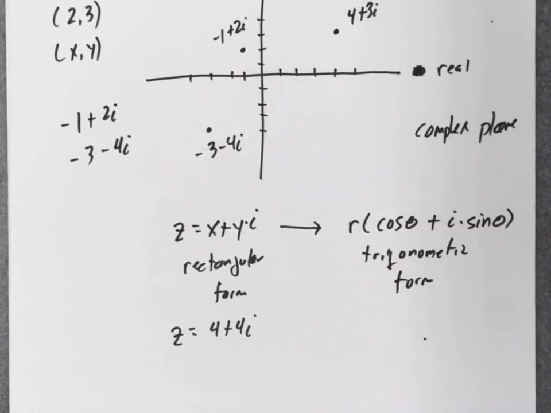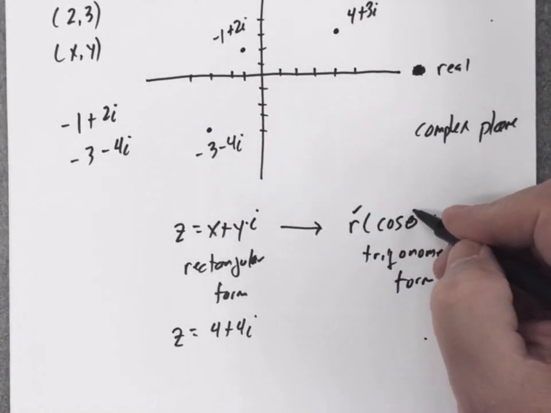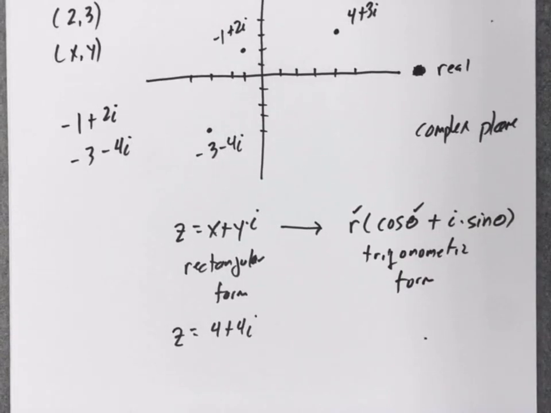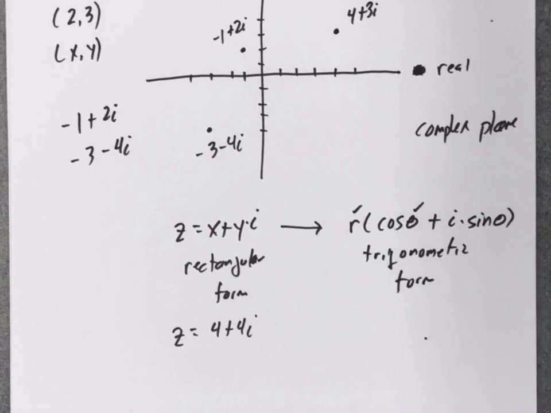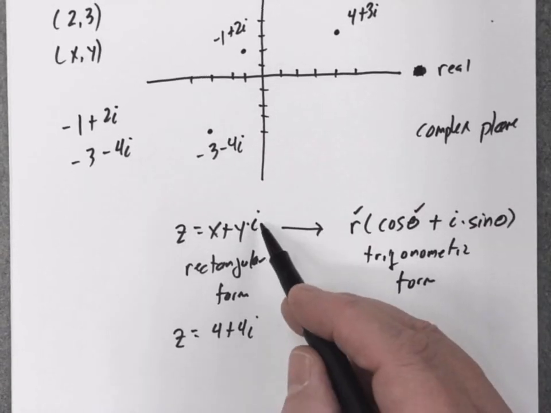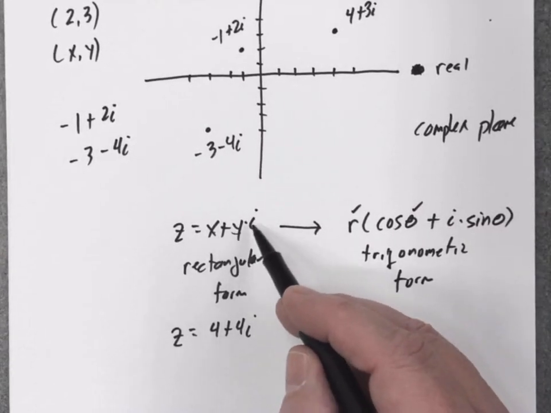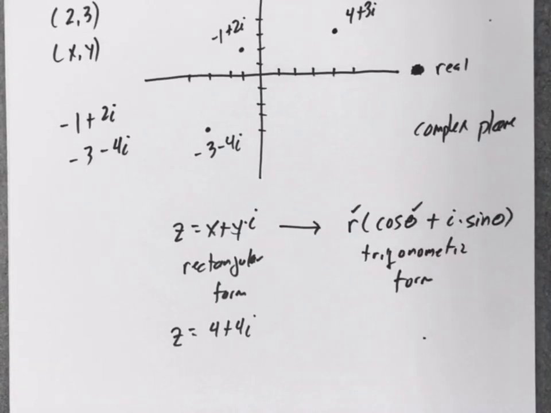Now, the trigonometric form has r, and the other thing it has is theta. The reason we call it trigonometric form is because we have a cosine and a sine, right? Those are trig functions. And the i is here with the sine, just like we have the imaginary part here, there's the imaginary part in the trigonometric form.